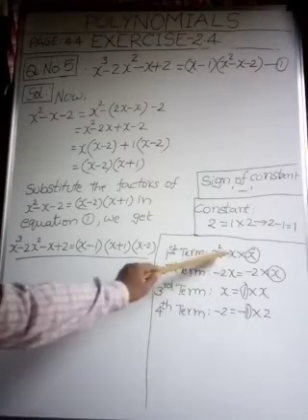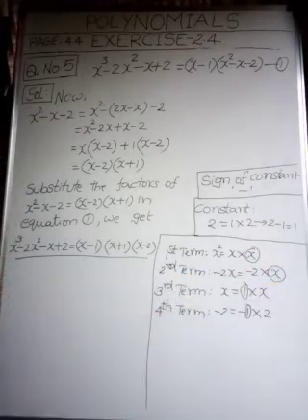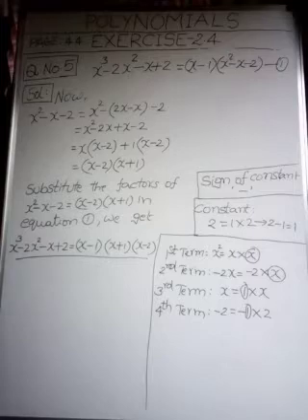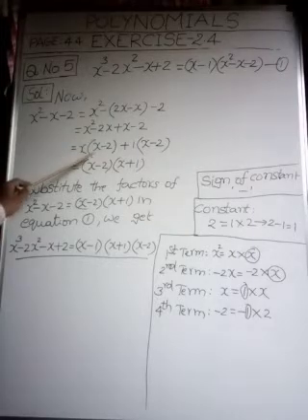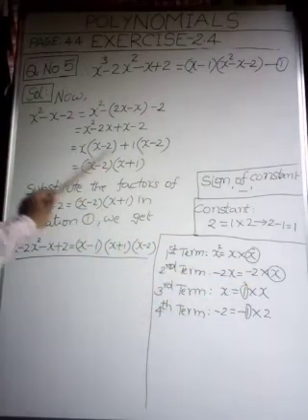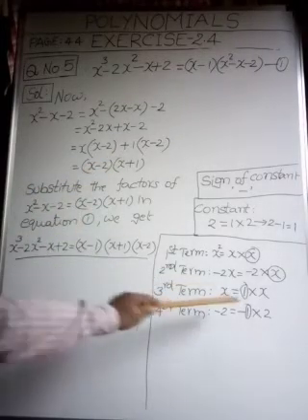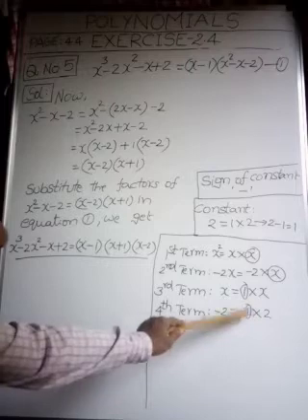Right. Now from the first two terms, what is the common factor here? X. So we can take it out, that common factor x. And then in the brackets, what is left here? X. And what is left here? Minus 2. So x minus 2. X minus 2, we write it in the brackets. Next, from these two terms we can take plus 1.